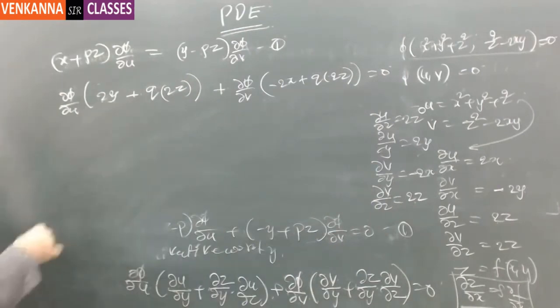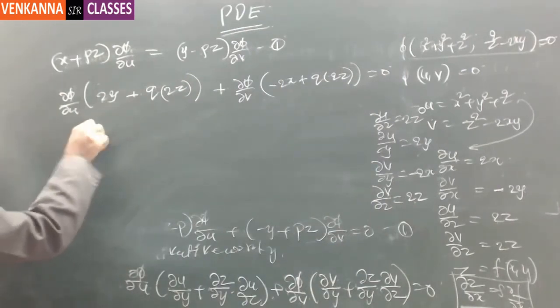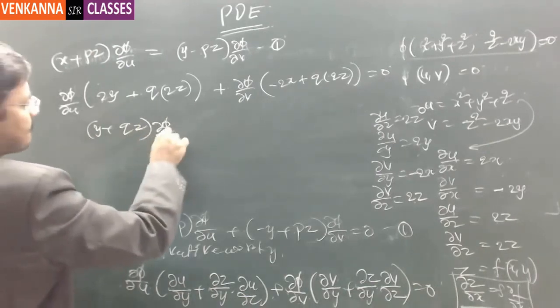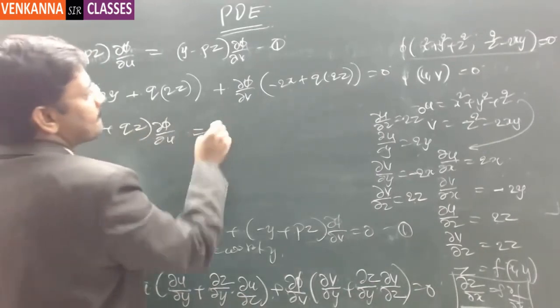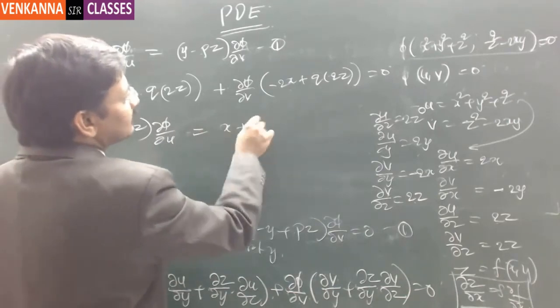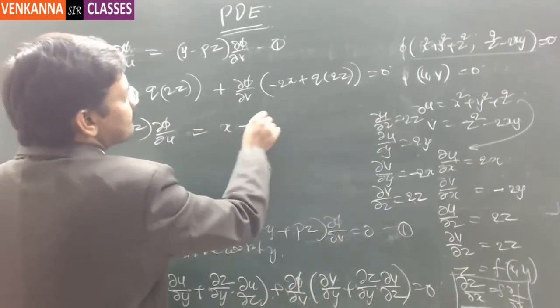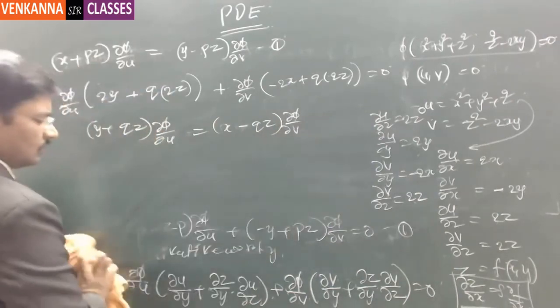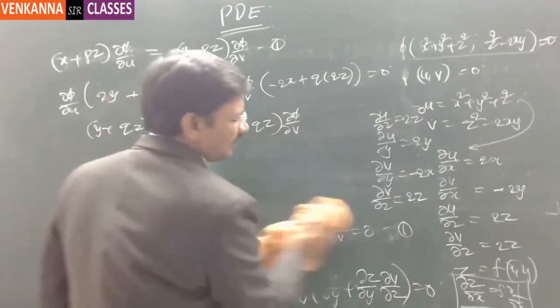If you cancel 2 from this, then y plus qz into dou phi by dou u is equal to x minus qz times dou phi by dou v. So this is what finally we have got.